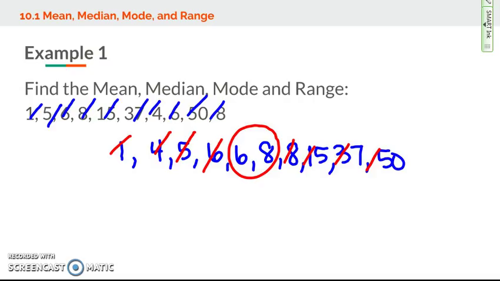So now you're going to need to find the average of these 2. So 8 plus 6 is 14, divided by 2 gives us a median of 7. You can also think, all right, what's half of 6 and 8, what's in the middle? And in the middle there is 7. Okay, so our median is 7.